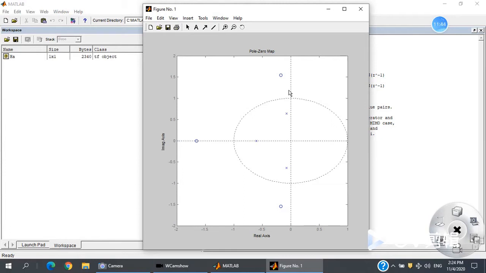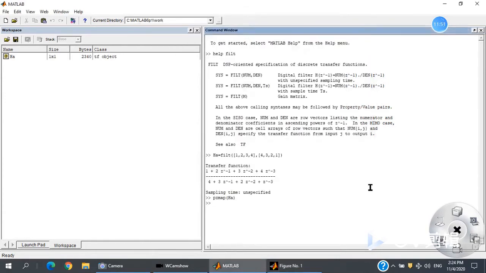Here all the poles are inside. But sometimes maybe I can have like, I don't know, let me try. Let's try 1, 2, 3, 4, 10, 19, and here I put a 19 in front. What do I have? And after these, I give a PZ map of HA.